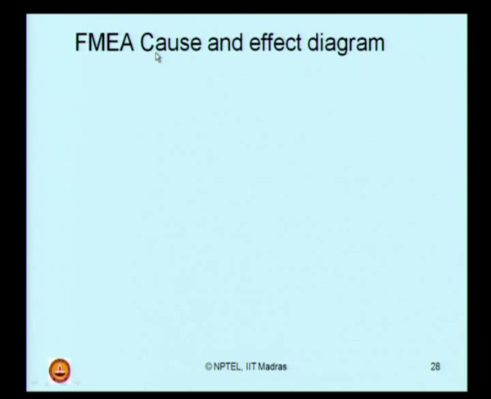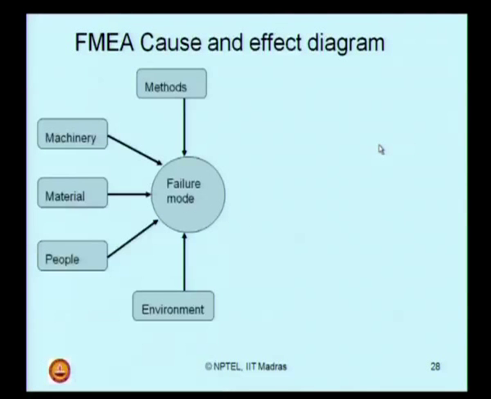Let us speak about what is called a cause and effect diagram. If you are able to identify a failure mode, what are all the machinery, material, people, environment and methods contributing to the failure mode? You have got to identify that, which is why we call them causes, resulting from methods, machinery, material, people and environment which cause failure.